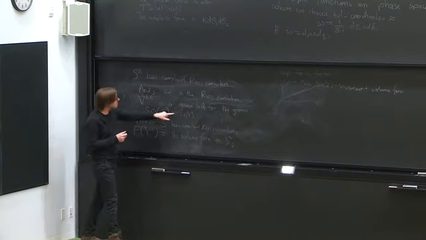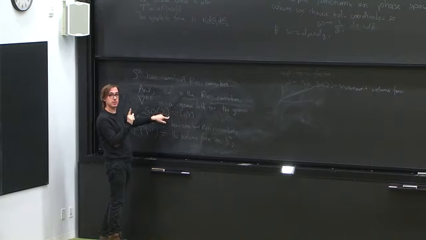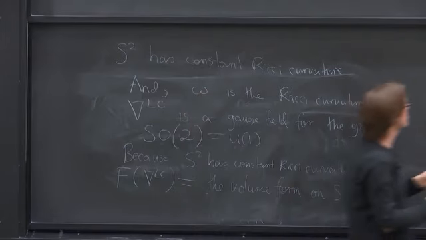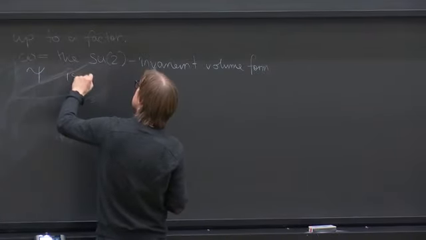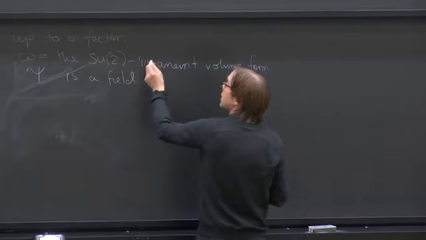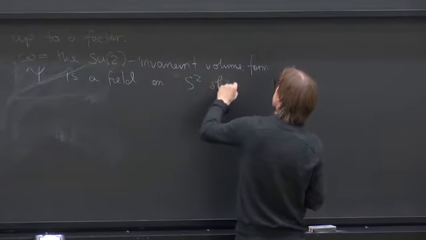Now, we're in some representation of U1, which is some representation of SO2. So the psi become fields of some spin corresponding to how they transform under SO2. Psi is a field on S2 of some spin.